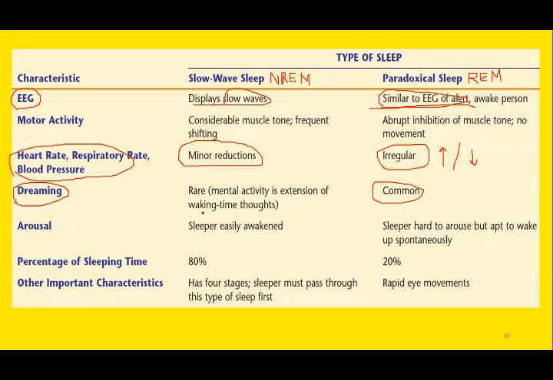Although there are no dreams in non-REM sleep, this stage comprises almost 75 to 80% of the total sleep duration, whereas REM sleep comprises almost 20 to 25% of the total sleep duration. Remember, REM sleep occurs in episodes, at intervals of about 90 minutes each. So these are the important differences between the two types of sleep.